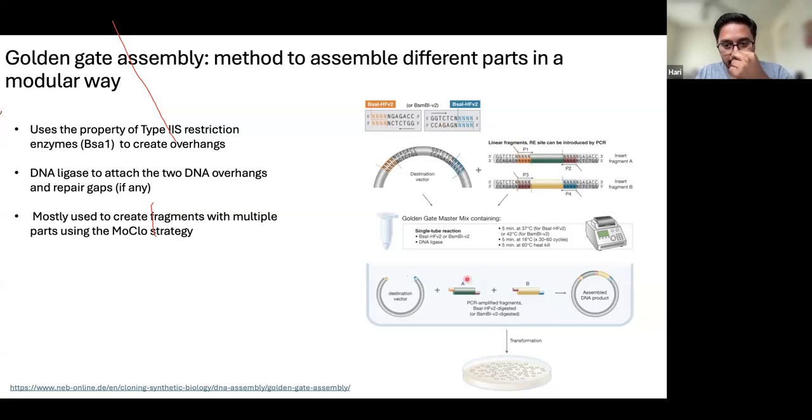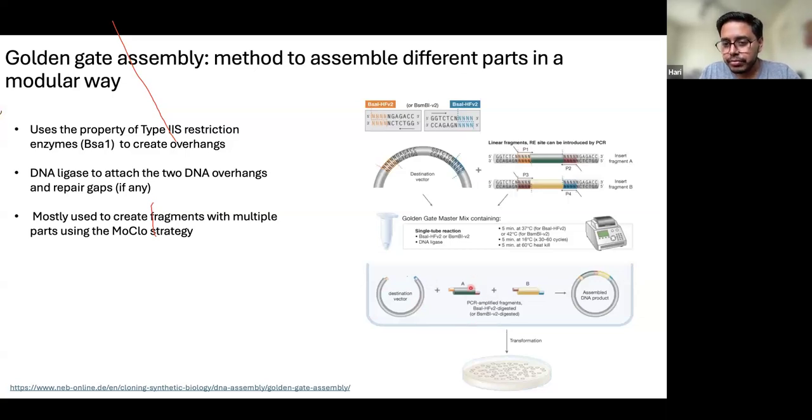So in this case, we have 2 fragments A and B that have been cut using the BSA1 restriction enzyme, and it will have an overhang, let's say this orange sequence. In the destination vector as well, we had the BSA1 site, and that will also leave a particular overhang, which is orange in color. And these two overhangs will be complementary to each other.